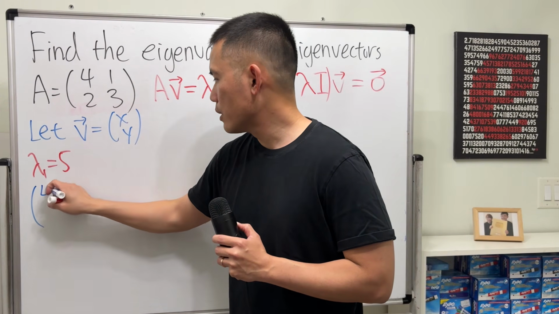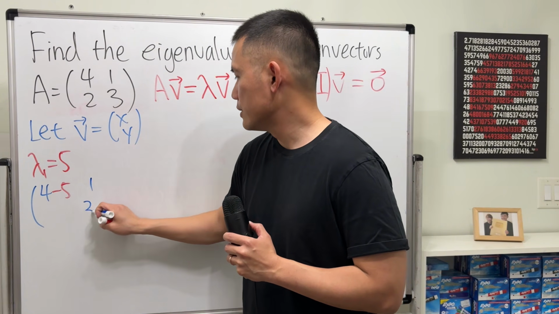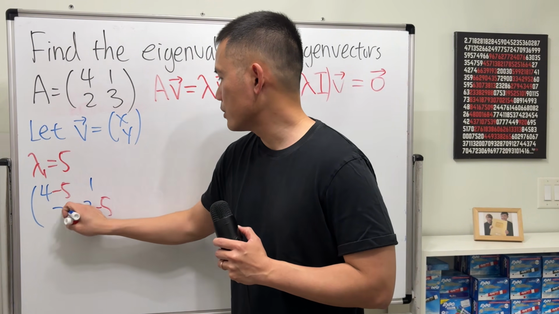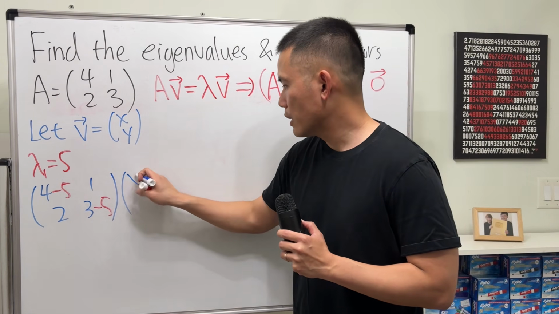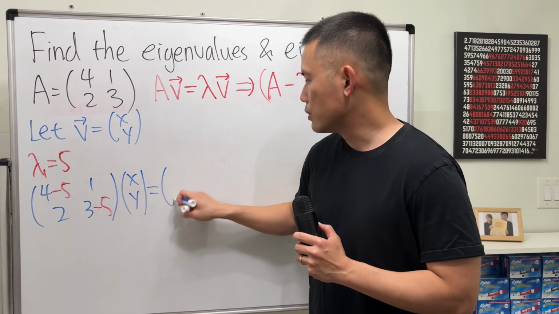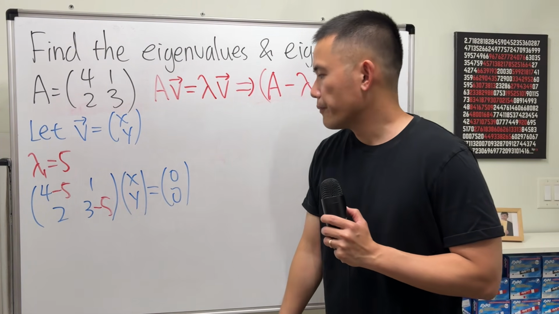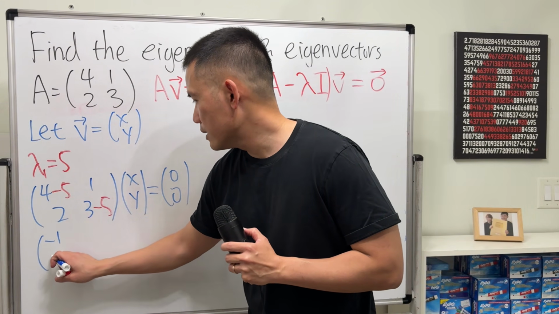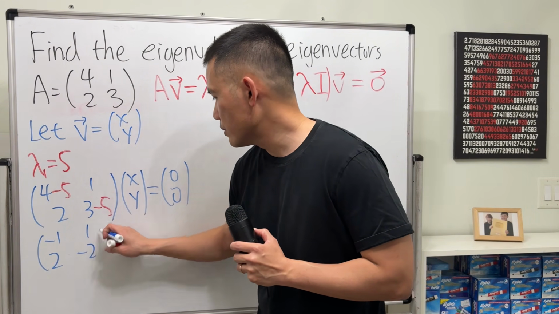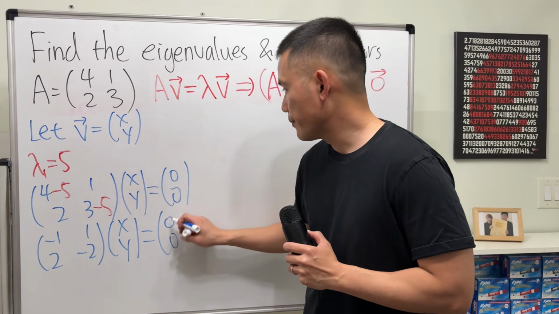So we have 4 minus 5, 1, 2, and 3 minus 5, times our vector x, y, and we want this to be the zero vector. You can work that out real quick. This is going to be negative 1, 1, 2, negative 2, times x, y, that's 0, 0.